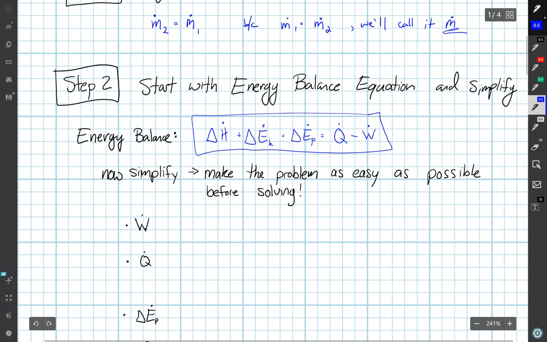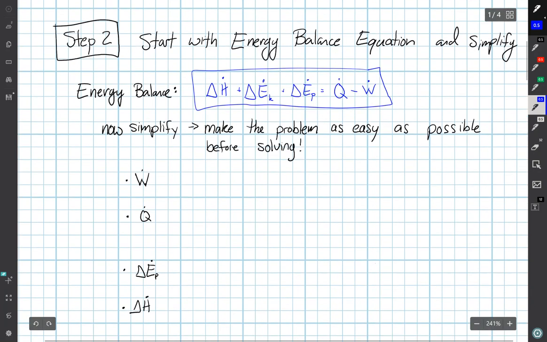We'll go through all of these 5 terms in order. We'll start with work. So work is equal to 0 in this case because there is no shaft work.